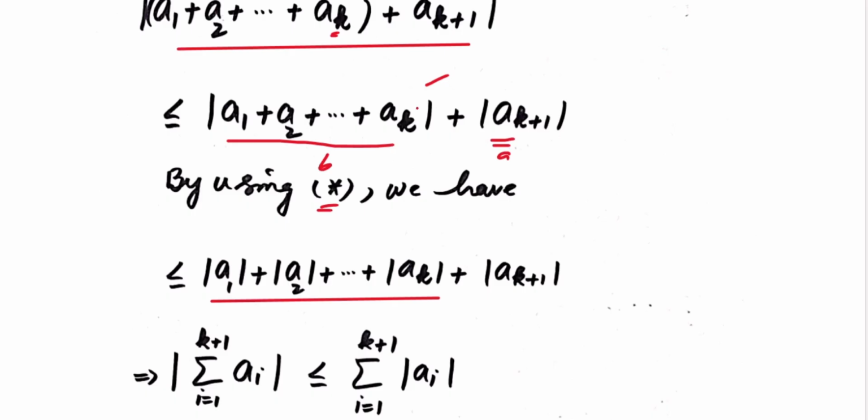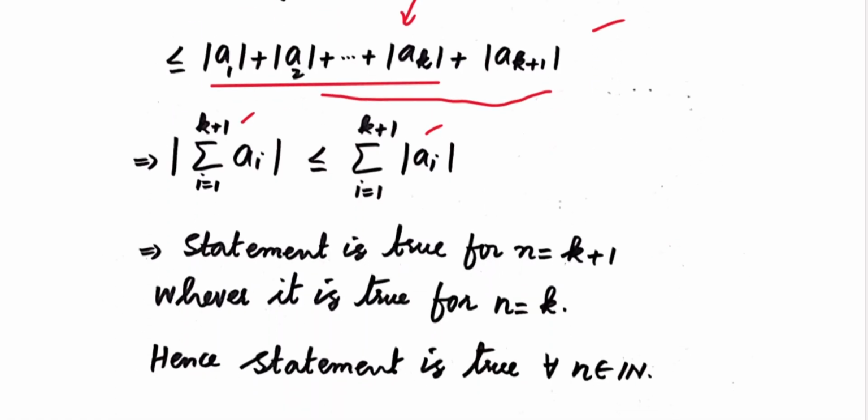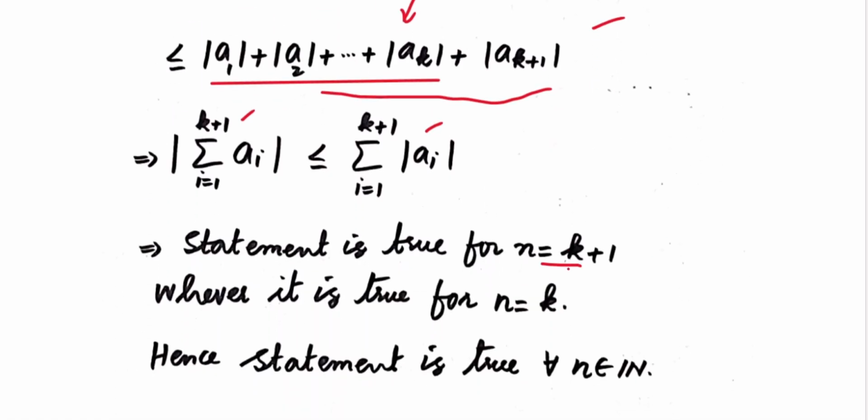So by using star, I can replace this absolute. Now this is the sum of the absolutes of k + 1 values, which is required. In summation form, this can be written as the absolute of the sum of k + 1 real numbers is less than or equal to the sum of the absolutes of k + 1 real numbers. The statement is true for n = k + 1 whenever it is true for n = k. Hence, this statement is true for any natural number.